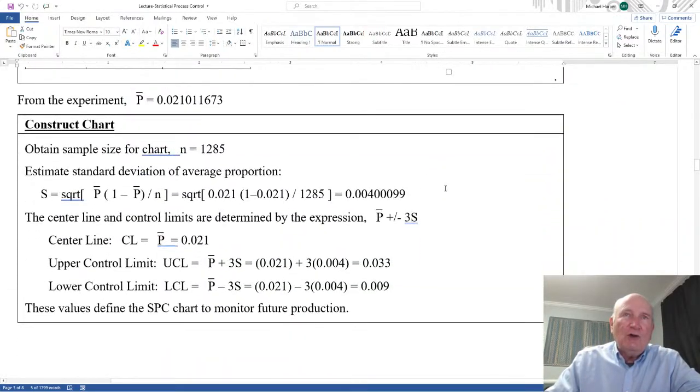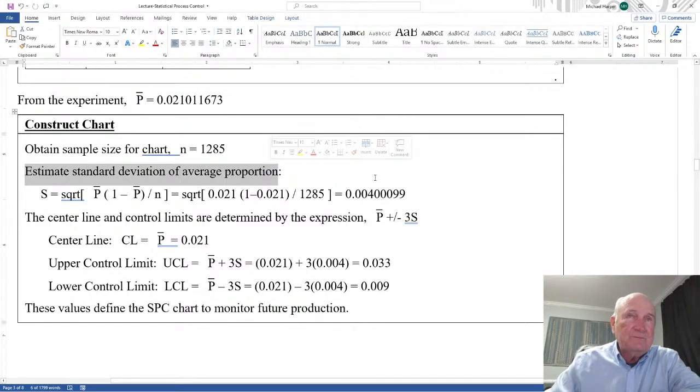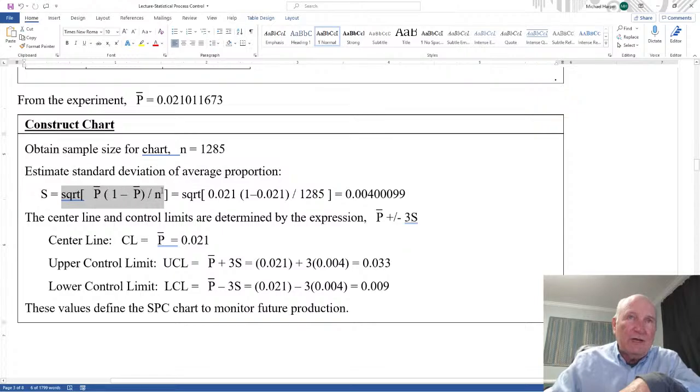Well, when you have a binomial experiment, you go to the binomial theorem. We're not going to get into the binomial theorem, but we're going to have results from it. We estimate the average proportion, and the standard deviation of the mean is the square root of p bar times 1 minus p bar over n. Now you say, where did that come from? It came from the binomial theorem.